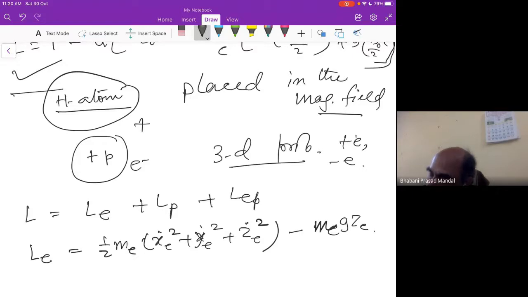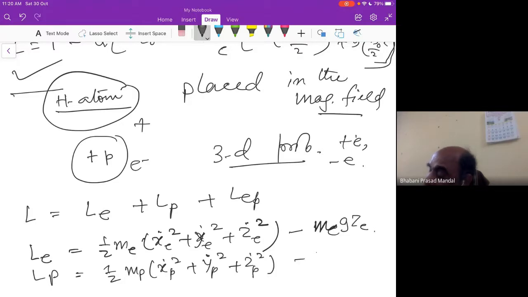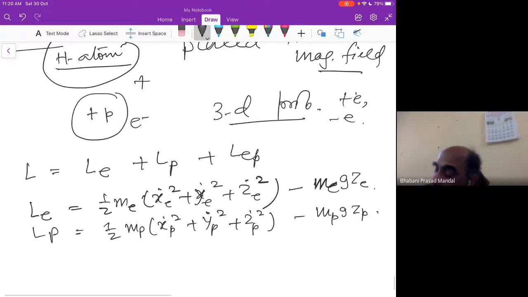Similarly for the proton, exactly the same: half m_p times x_p dot squared plus y_p dot squared plus z_p dot squared minus m_p g z_p. So far, whatever we have learned, this will be the Lagrangian.